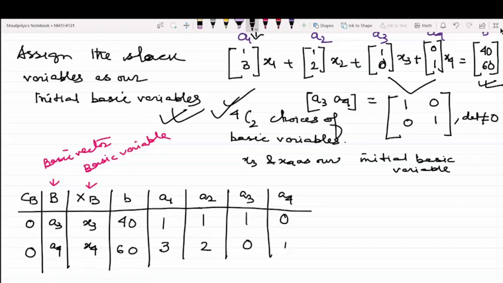A4 is 0, 1. Okay. And what do we write at the top? At the top, we write the cost parameters. What was in the problem? It was 60, 50, 0, 0.